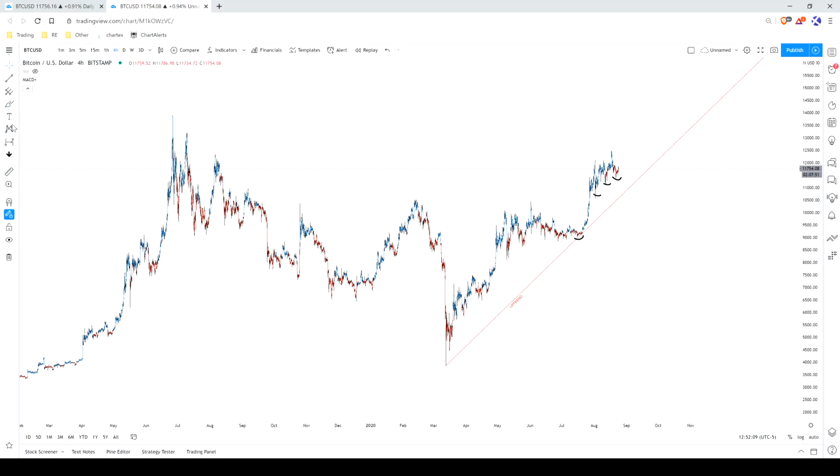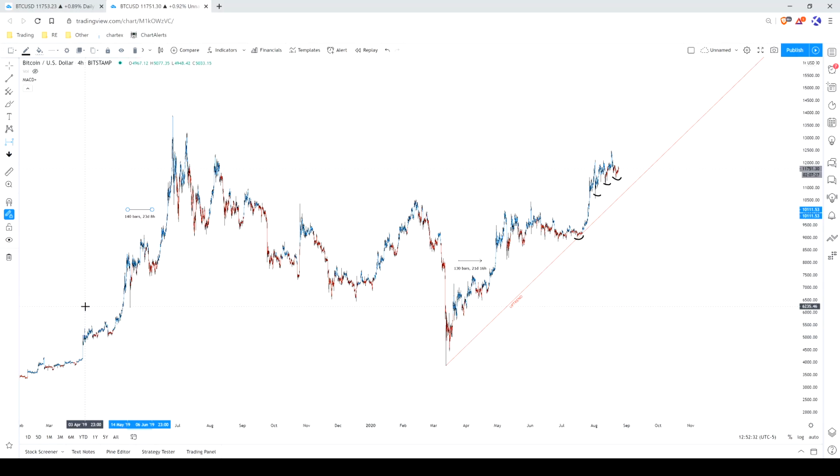Time-wise, this one right here, this pattern right here, took 21 days. This pattern back here, somewhere between 21, 24 days. This pattern right here, depends how you measure this.